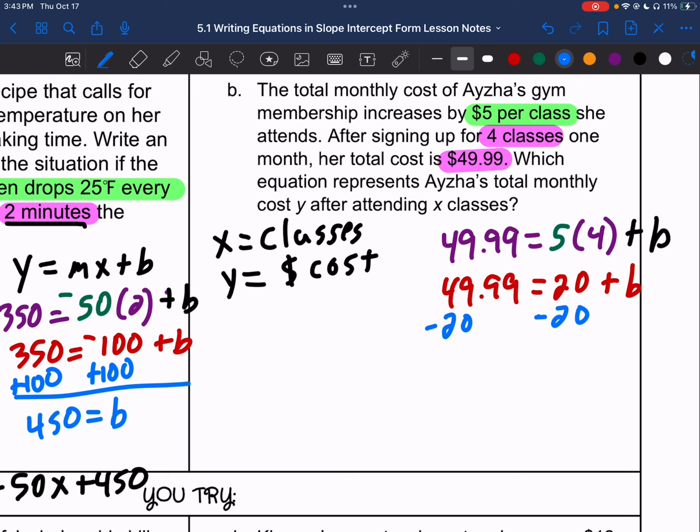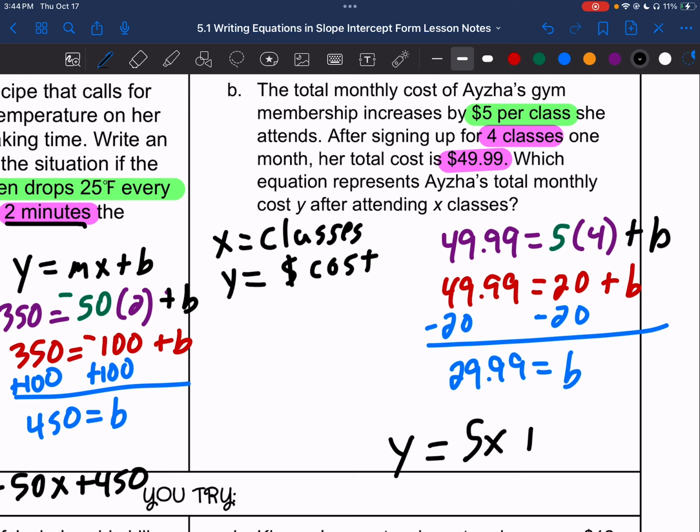So we're taking away the cost of the classes that she took to find the starting cost of the membership, which is $29.99. So her equation is y is equal to 5x plus $29.99. So her membership is $29.99 a month plus $5 times however many classes she chooses to take that month.